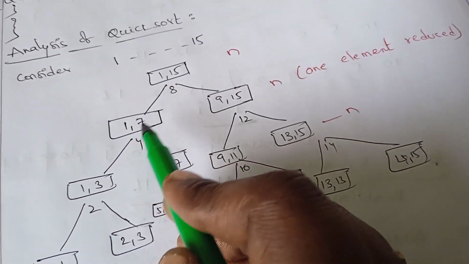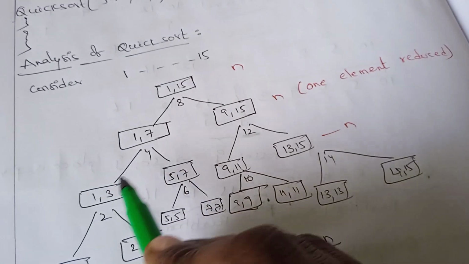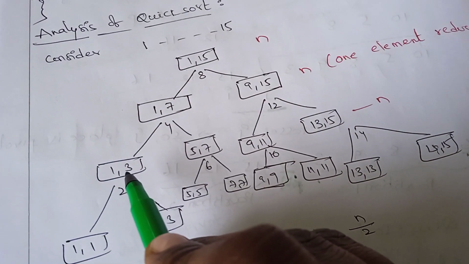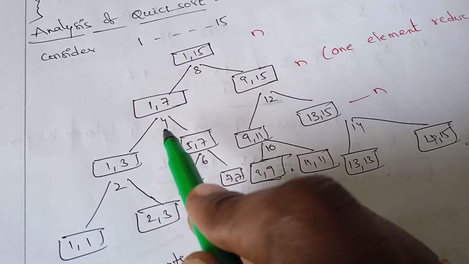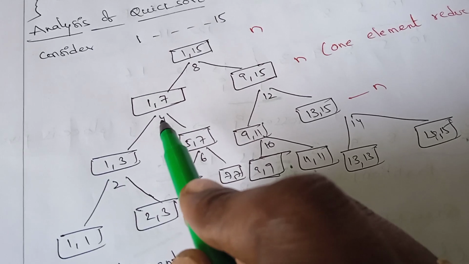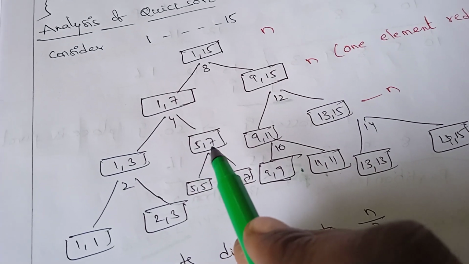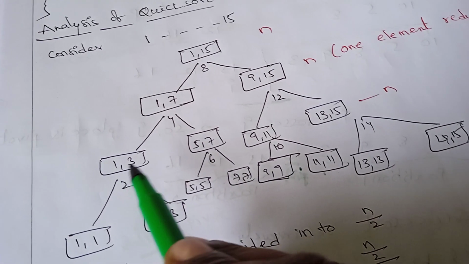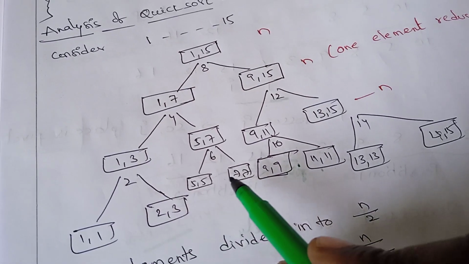Now again in 1 to 7, the fourth place is given to the pivot element. Now 1 to 3 is the second partition, right? Leave the fourth element because it is the right place of the pivot. Don't do anything for this element. Now the fifth to seventh elements, you have to apply quicksort. Again in 1 to 3, leave the second element, and this is divide and conquer.